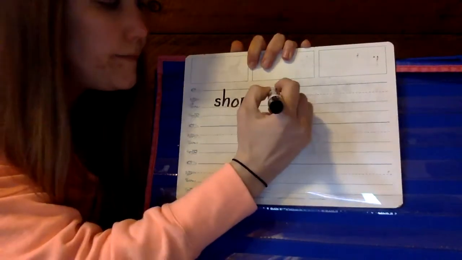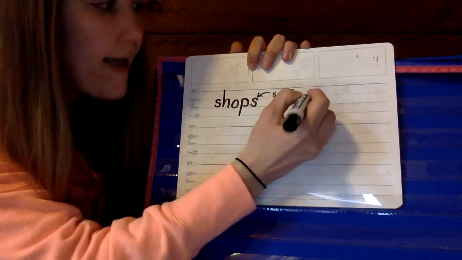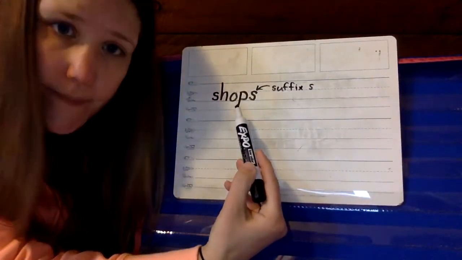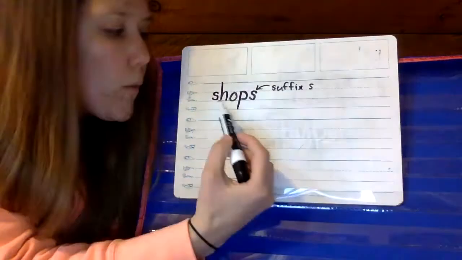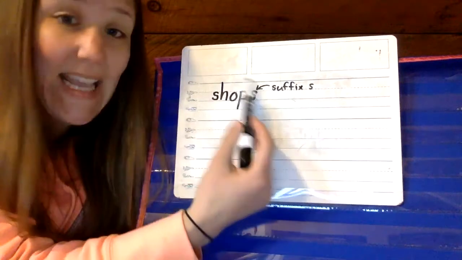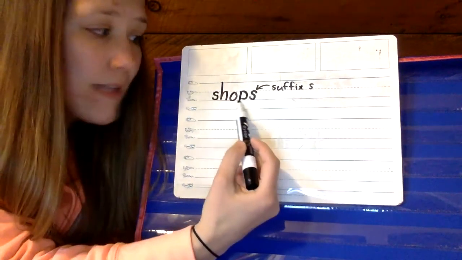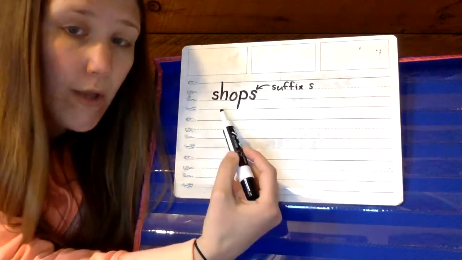So this is the suffix S. It changes the word to mean more than one. Now, when we tap out a word with a suffix S, we say the whole word, then we tap out the base word, and then we say the whole word again.